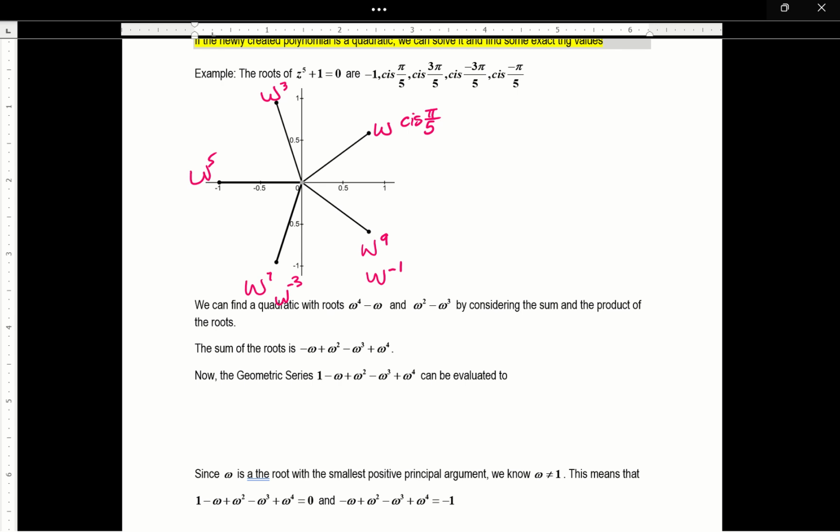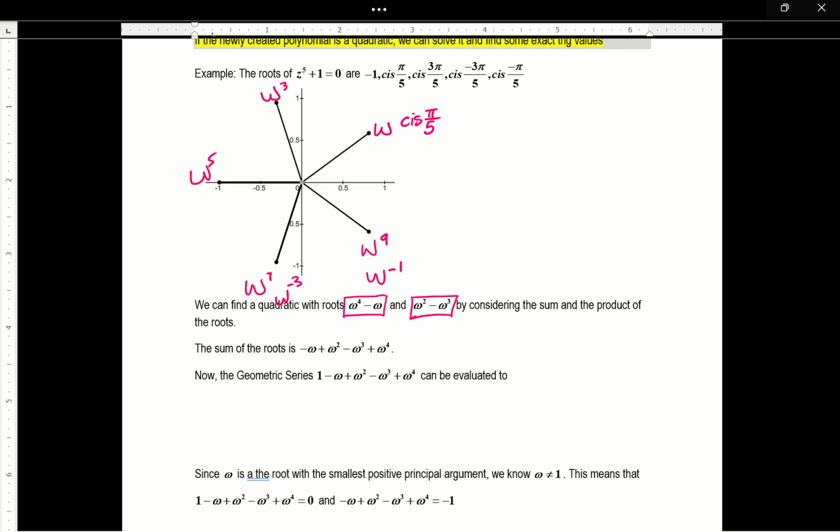And we can find a quadratic with roots w4 minus w, w squared minus w cubed. So there's its two roots. And we can find the quadratic with those roots by considering the sum and the product of the roots.